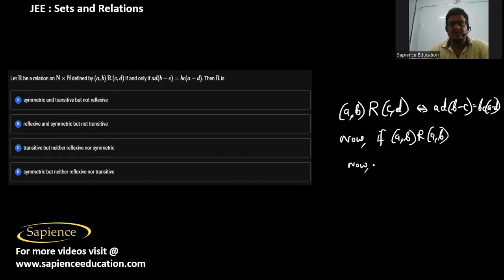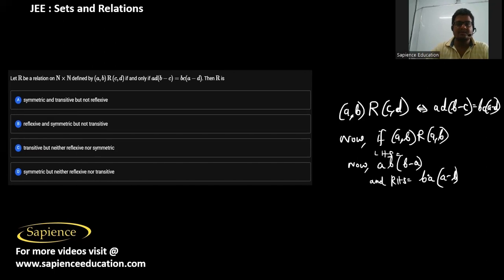Now, if (A, B) is related to (B, A), it means that on the left hand side AD, that is AB into (B minus A), and the right hand side BC into (A minus D), that is BA into (A minus B).